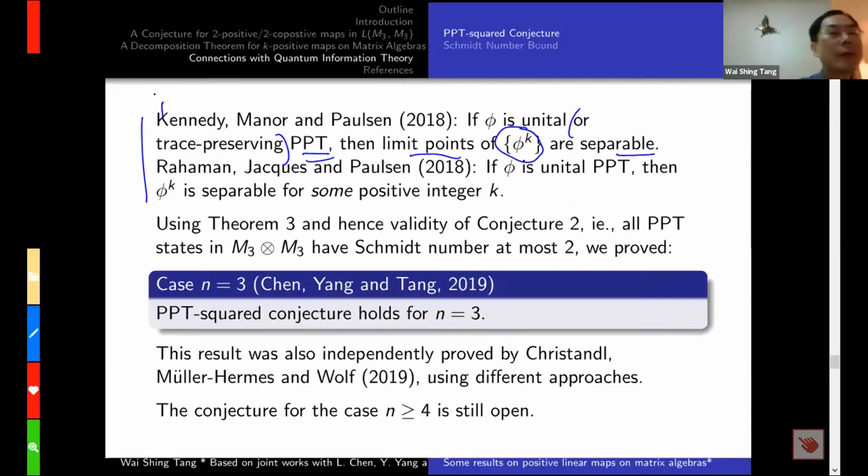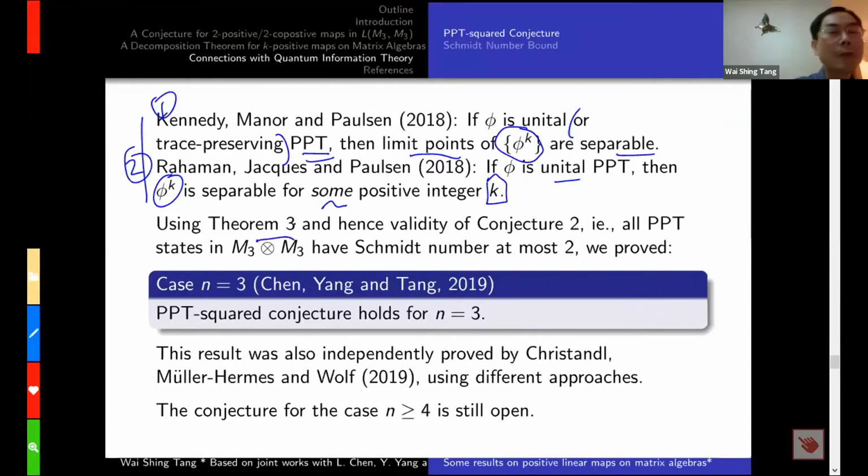Moreover, if phi is unital and PPT, then they managed to show that the composition of phi with itself k times, for a certain positive integer k, is separable. The conjecture, of course, is whether k equals 2. If k equals 2, then they solve the conjecture. But the trouble is that for the result, they don't know exactly what k is.